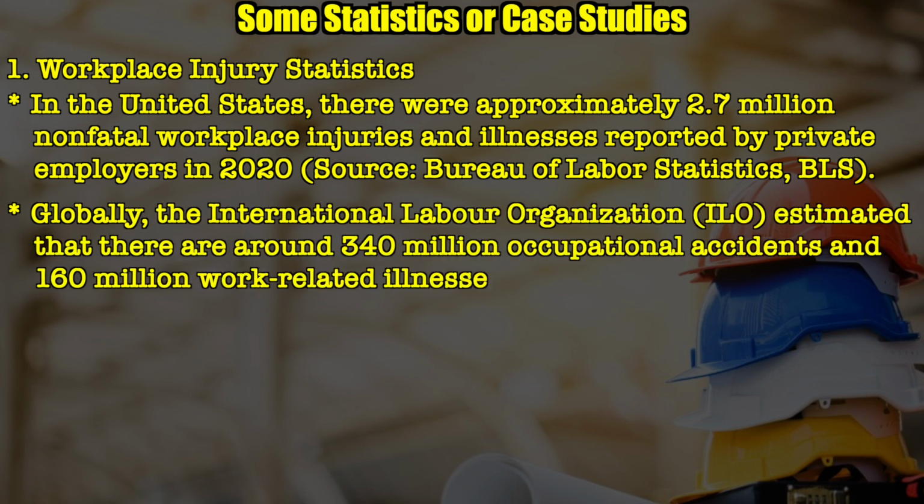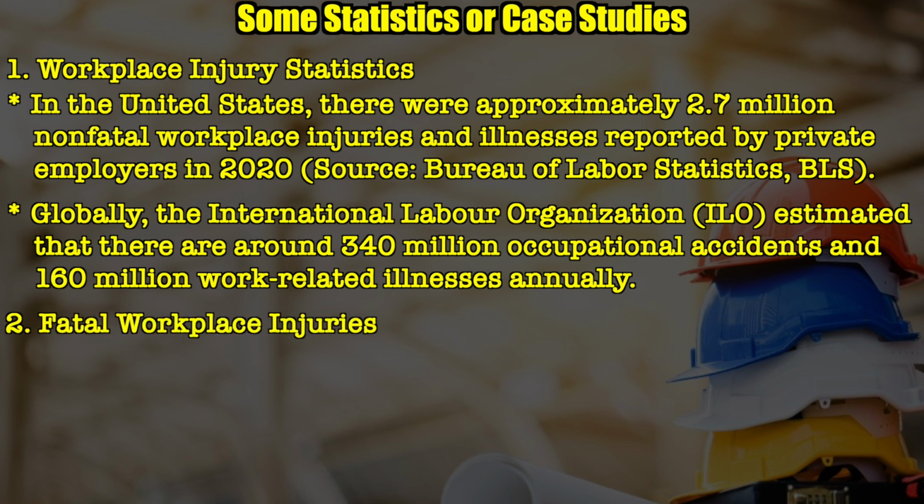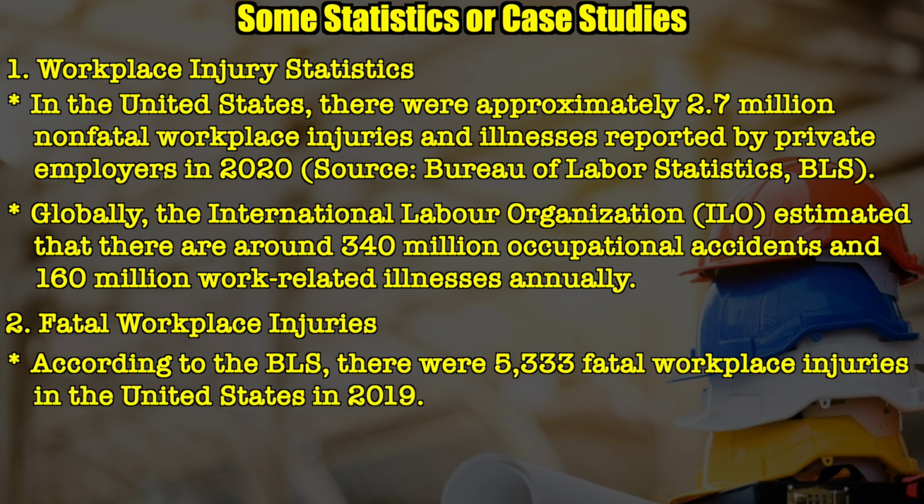Globally, the International Labour Organization (ILO) estimated that there are around 340 million occupational accidents and 160 million work-related illnesses annually. Second case study, fatal workplace injury, means according to the BLS, there were about 5,333 fatal workplace injuries in the United States in 2019.